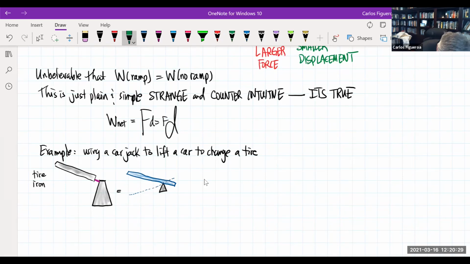And what you're looking at here is that here you're moving it a larger distance. Here you're moving it a smaller distance. And so the hydraulic jack does not change the force.